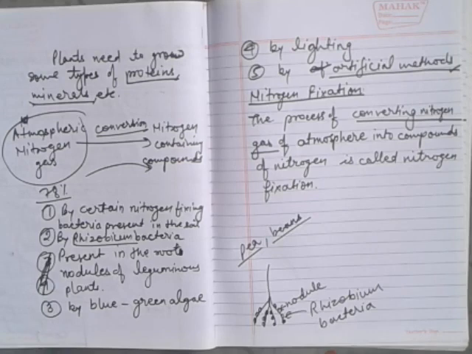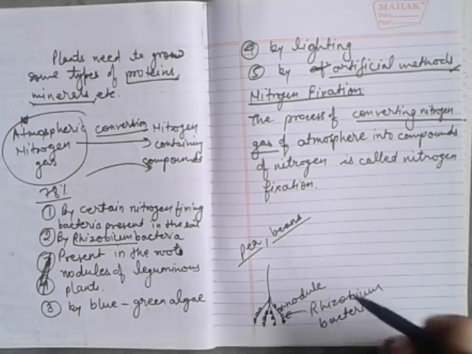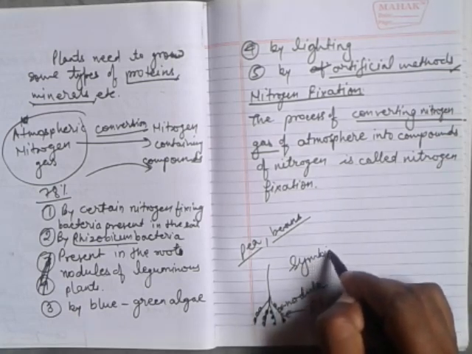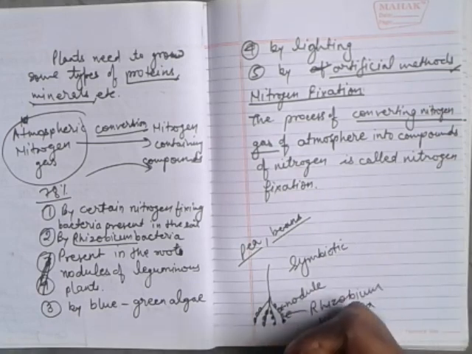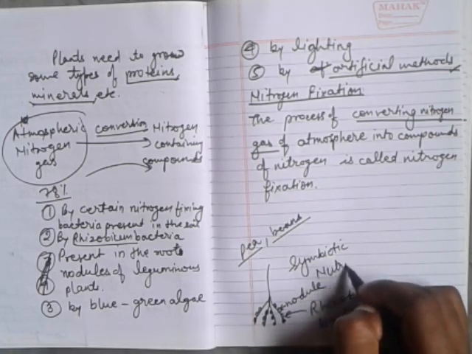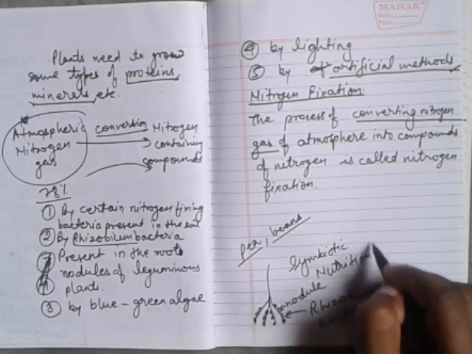The Rhizobium bacteria have a symbiotic relationship. Already we know what is symbiotic nutrition. It means Rhizobium bacteria perform symbiotic nutrition.